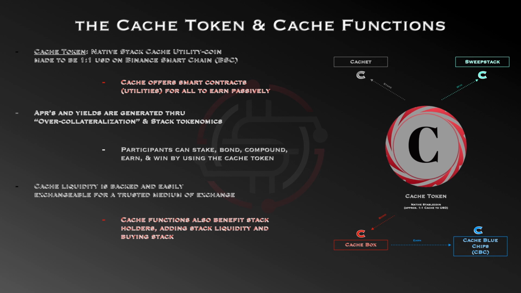In addition, the Cash token functions also benefit Stack holders, adding Stack liquidity and buying Stack through its multiple smart contracts. So on all buys and sales of the Cash token, if swapped through the Stack Cash DEX, there's no fees. And also, there's a 1% fee on all Cash token transfers. So now, let's introduce the Cash token products.